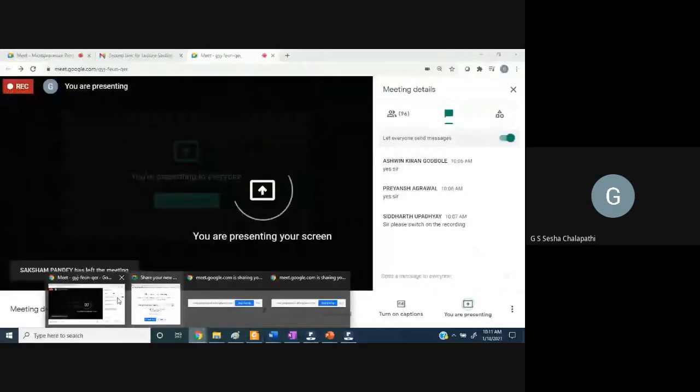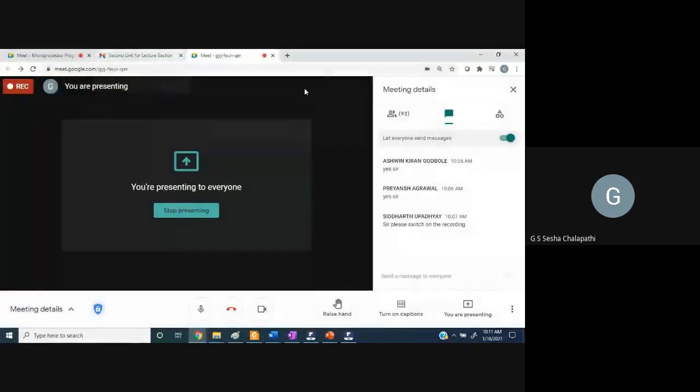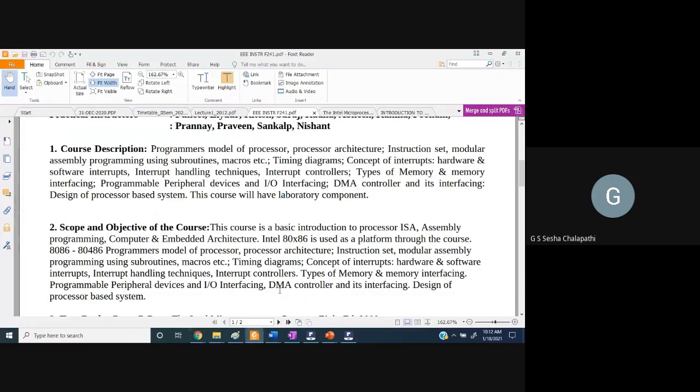We will also talk about the programmer's model of this processor. How do we actually program a processor to do a particular function that we want? What is the architecture of the processor made up of? What are the different constituents of a processor?